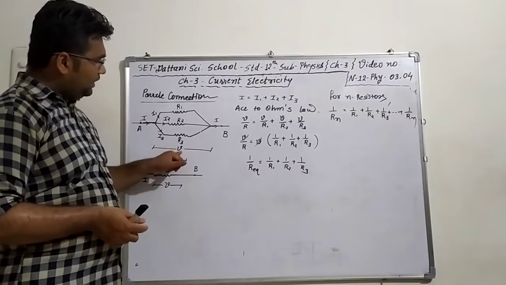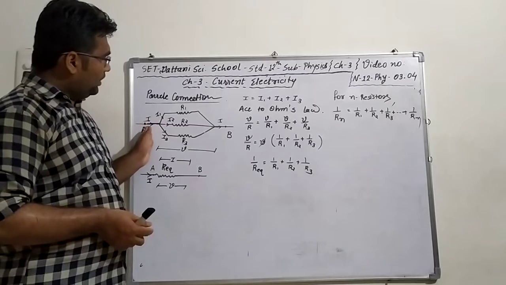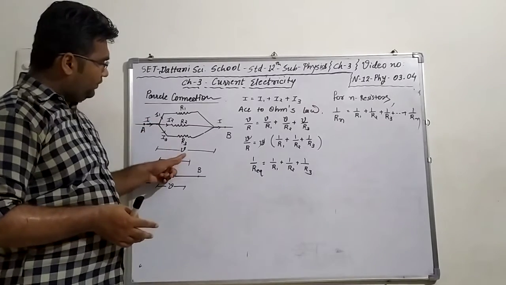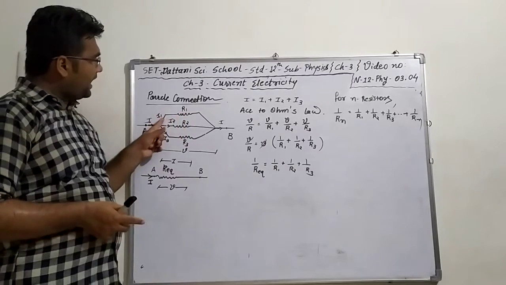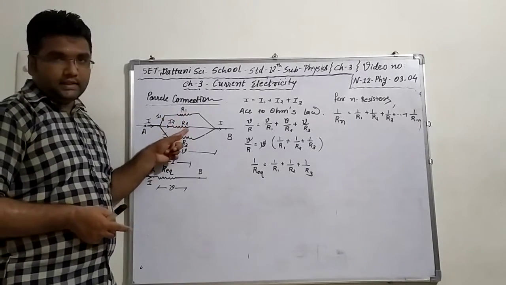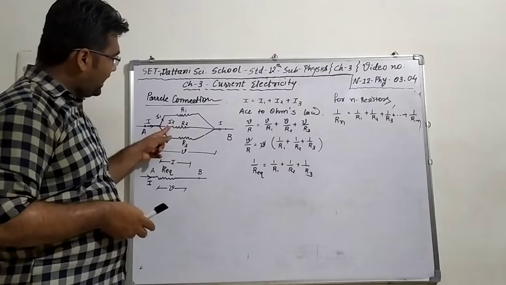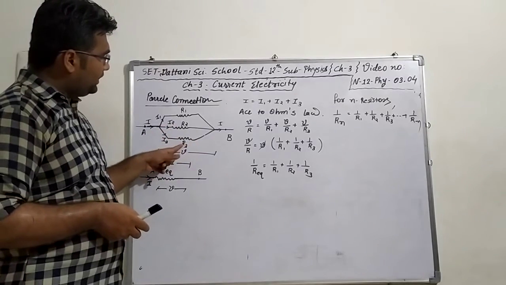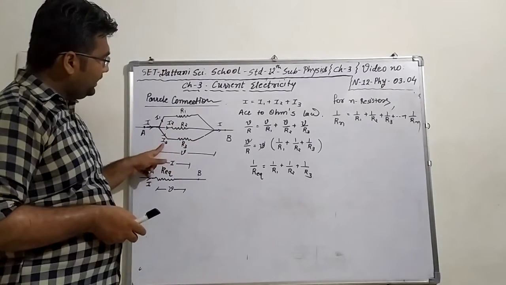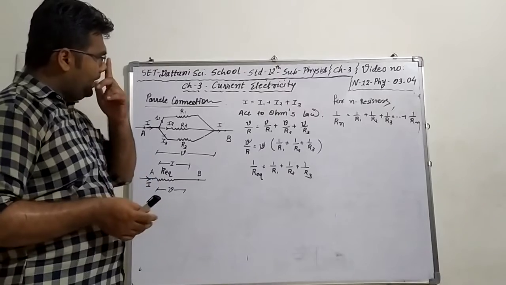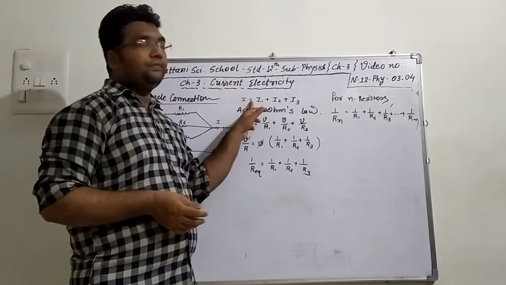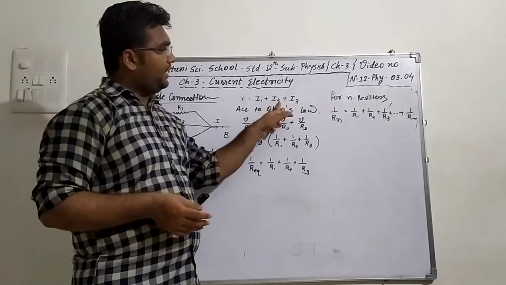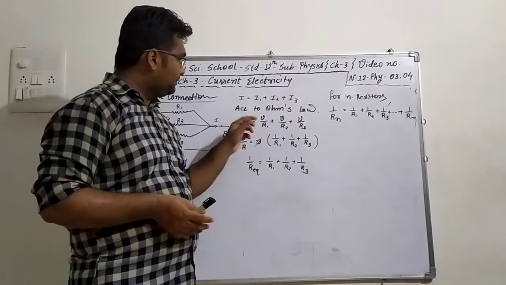The voltage drop between the two ends is V, the current through resistor R1 is I1, the current through resistor R2 is I2, and the current through resistor R3 is I3. Now we take the summation of all these currents: I equal to I1 plus I2 plus I3.